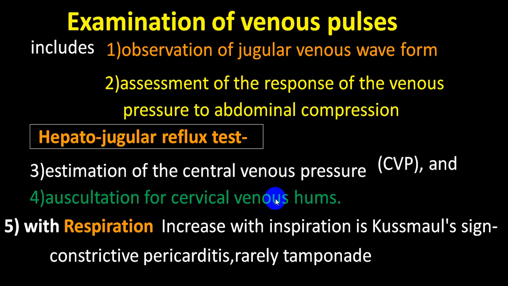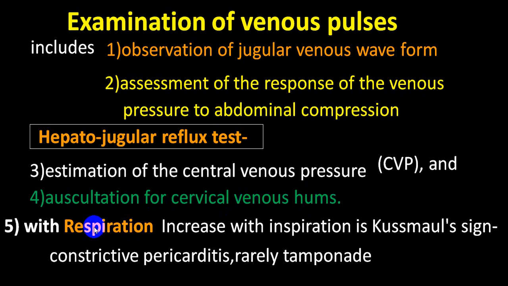These are the two additional things which are looked for along with observation for the jugular venous pulse wave, which has two waves, A and V wave, and you can look for a hepatojugular reflux. If you estimate the central venous pressure by a catheter, that also gives you an idea regarding the jugular venous pressure. And you can auscultate for the cervical venous hum if there is increased blood flow.